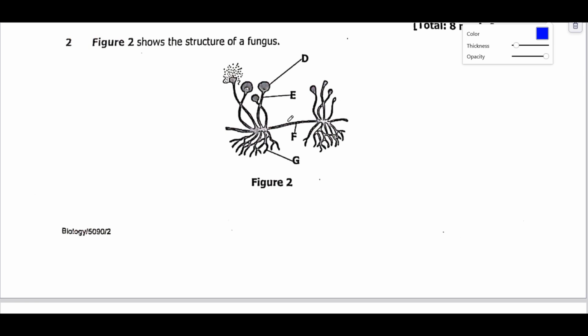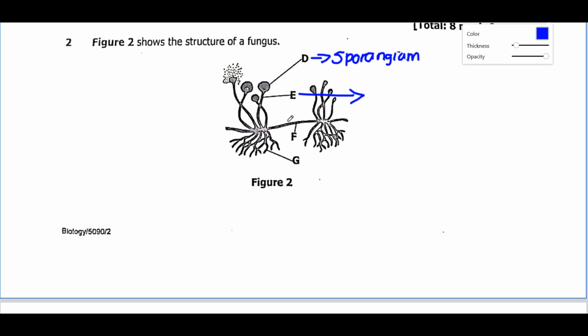We have structure D. So structure D is called the sporangium. So the sporangium is where the spores are released during the process of reproduction, which is, if we specify, asexual reproduction.